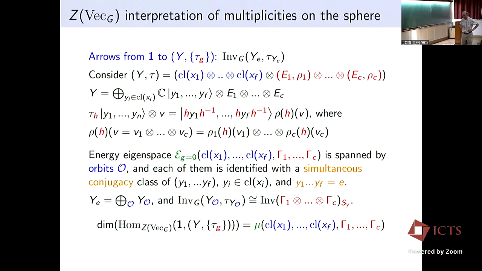So in fact, it turns out that our multiplicity can be reinterpreted as the number of arrows between the vacuum and this object, the tensor product in Z vec G. This has a finite dimensionality that can be computed by the technology of fusion trees that Julien explained.